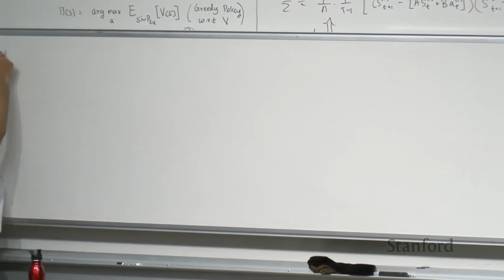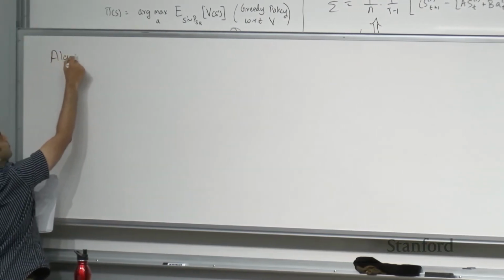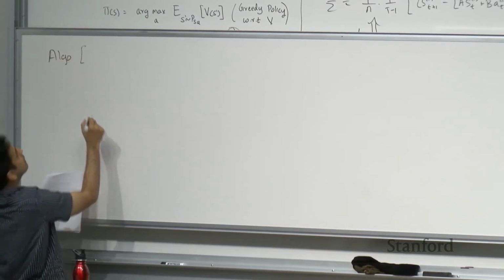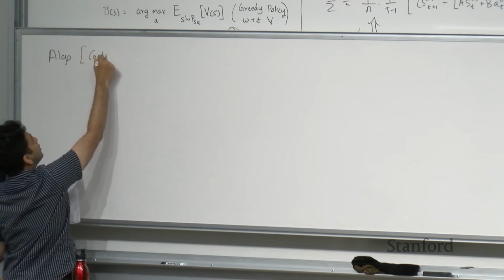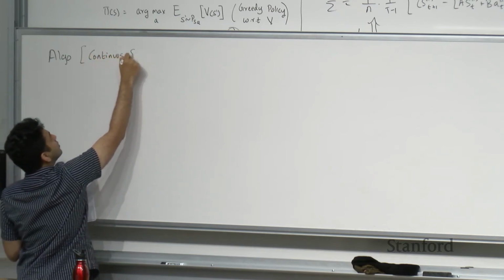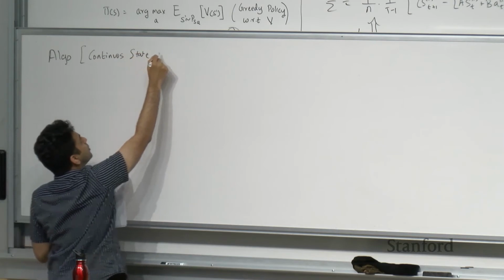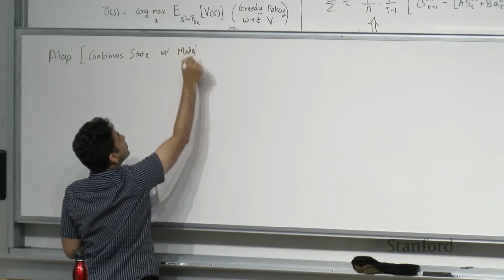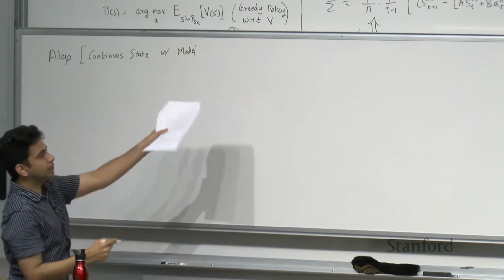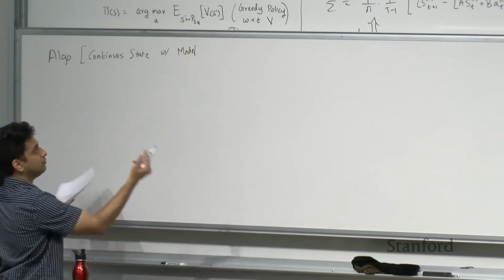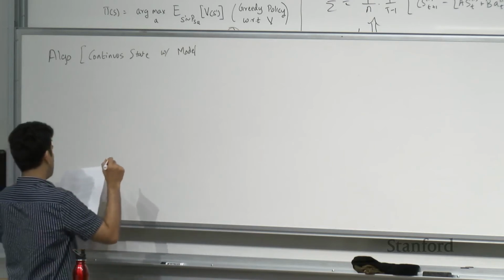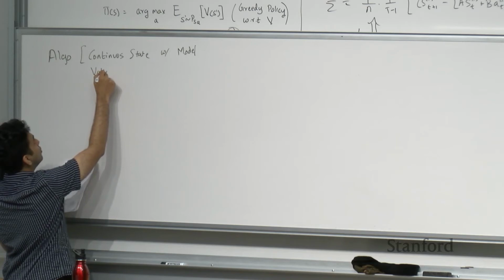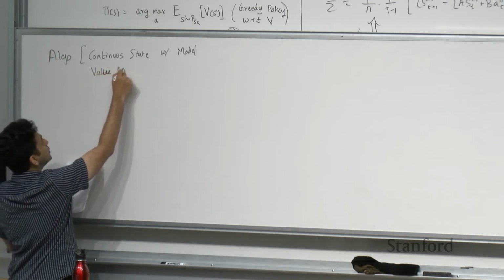So now this is an algorithm where we are using continuous state with some model, where the model you can assume to be a linear dynamical system with the A and B matrices, and we are doing value function approximation.